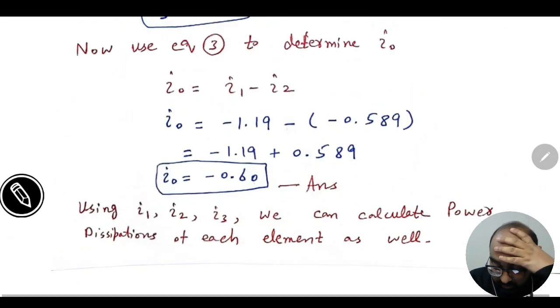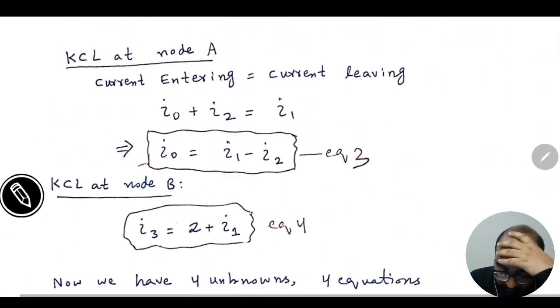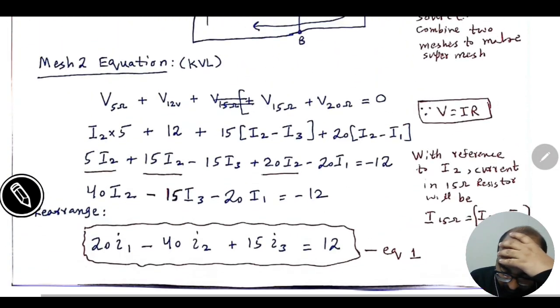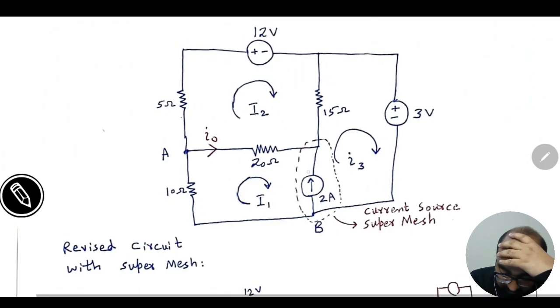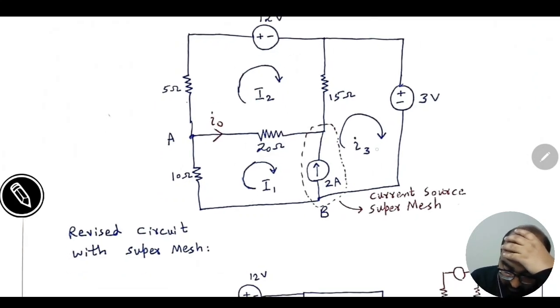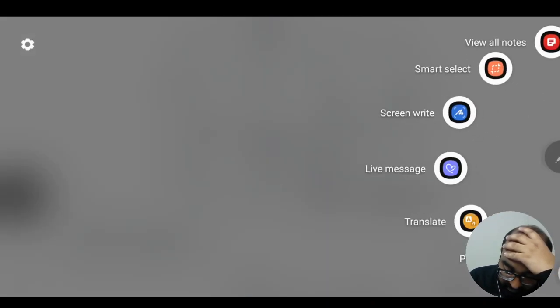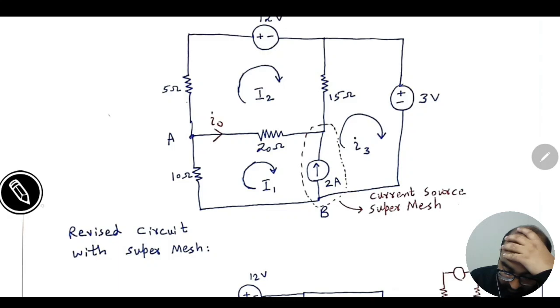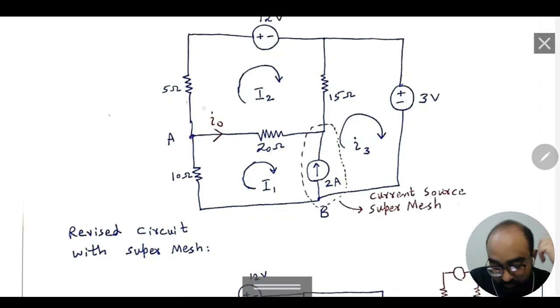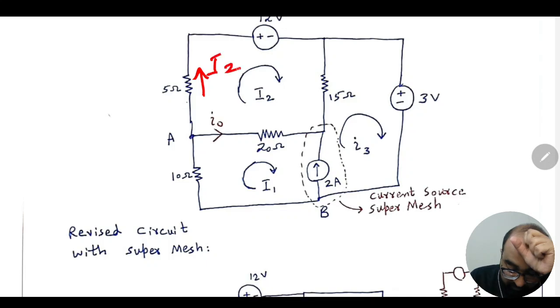Now since we have all the loop currents, we have the value of I1, I2, I3 and I0. So in that way we can determine the values of power dissipation and voltage drops across each resistor by using the value of I2, which is flowing through the 5 ohm resistance.